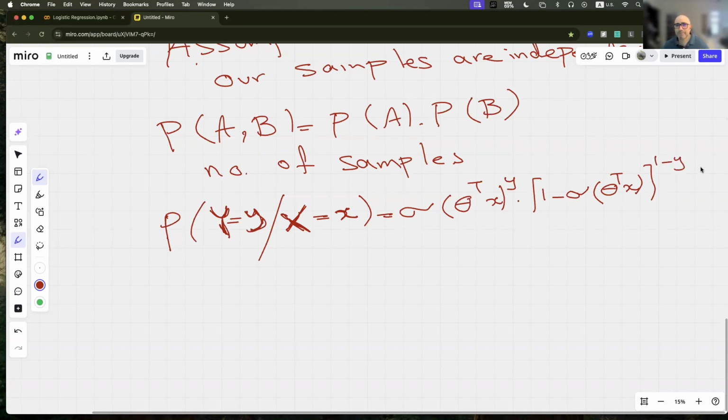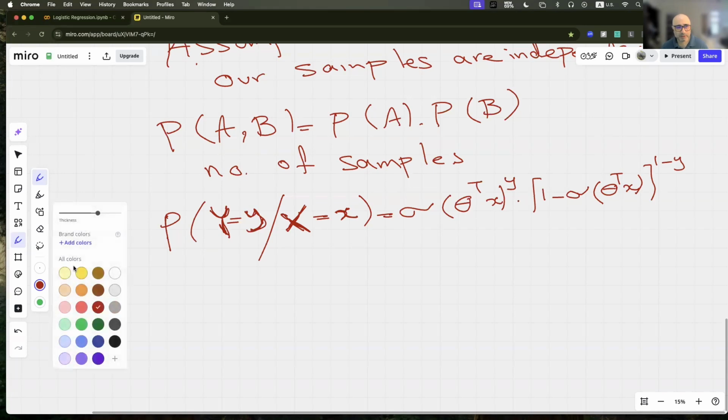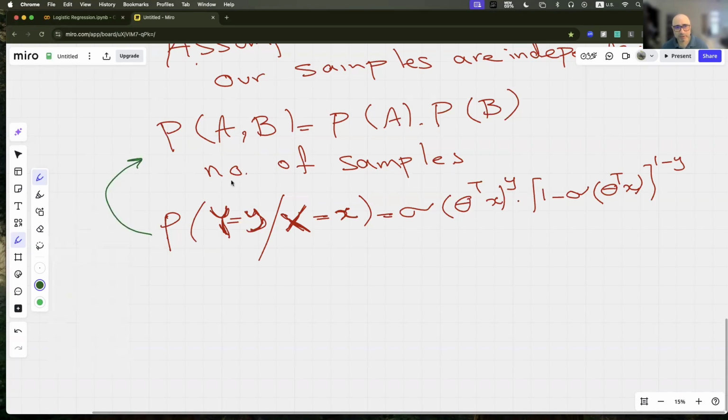So the idea comes from the same place, and these are basically the number of samples that you have. But you see that this basically gives you the probability of y given x, and that would be for every sample. So if your sample is for breast cancer, for instance, the target would be malignant, 1, based on that row.